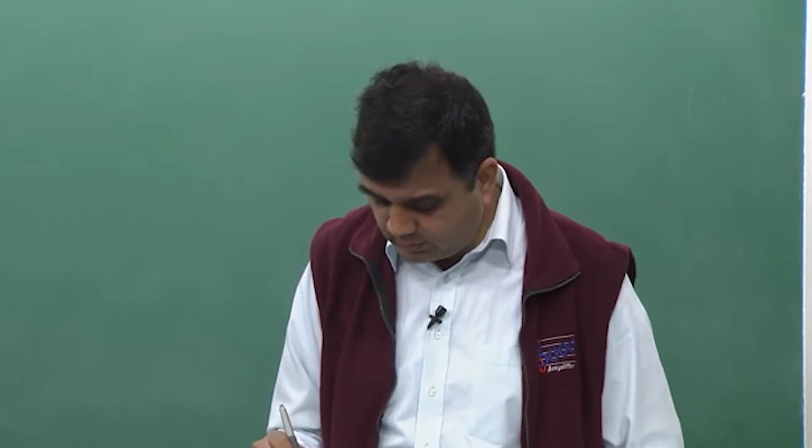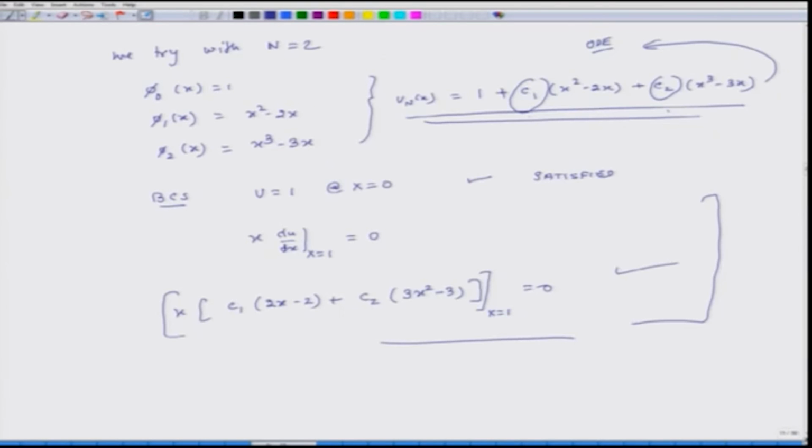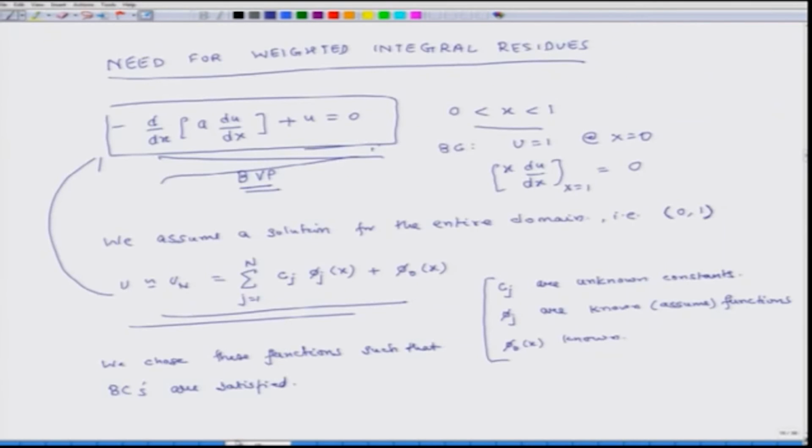So, we assume that W1 of x is nothing but a constant, 1. And when I do this and plug it in this equation, how do I calculate residue? I calculate residue by plugging this equation in the differential equation, because it is not being exactly satisfied, there is a residue.